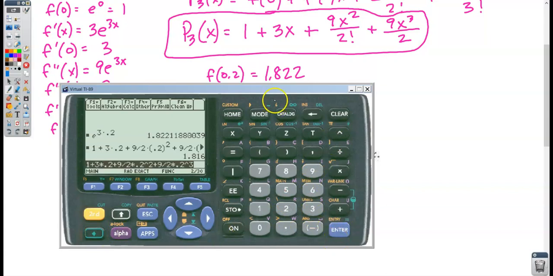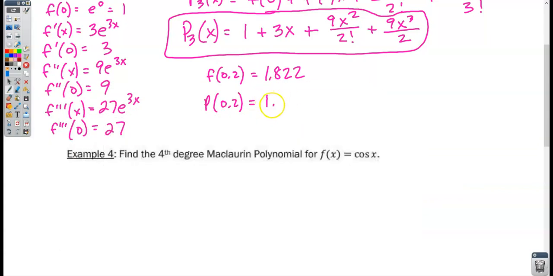And we get 1.816 as the polynomial approximation. And so we're only off by 6 thousandths right here, using a polynomial only up to the third term. As we add more terms, our polynomials will get more accurate in their approximation. But there we go, that was example 3.